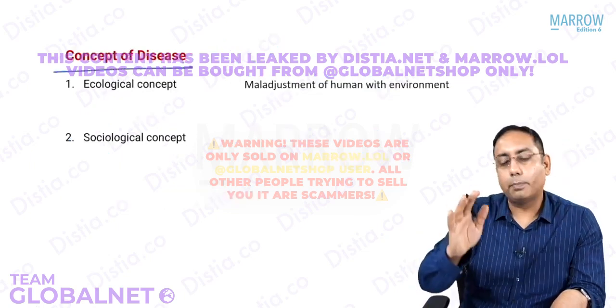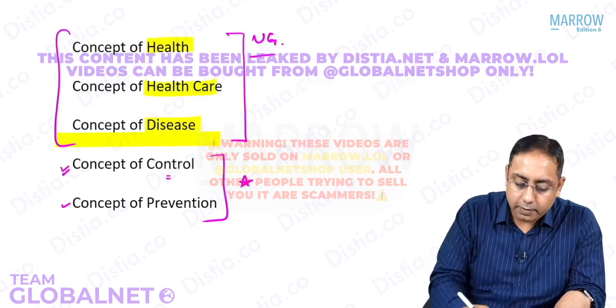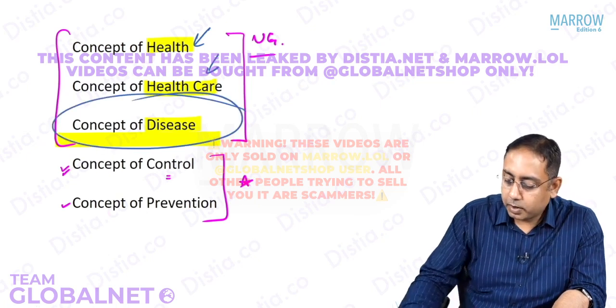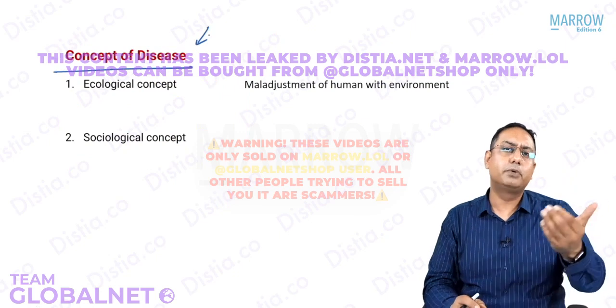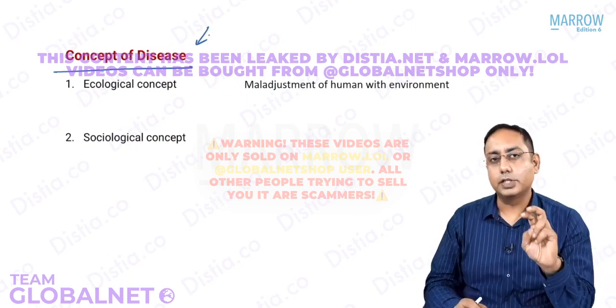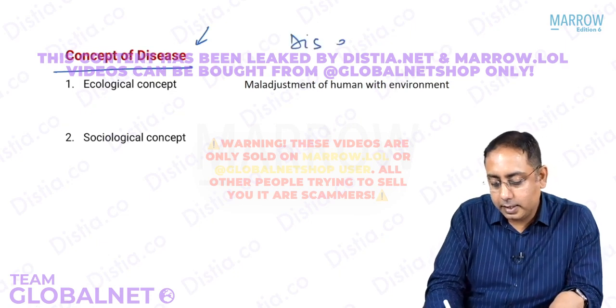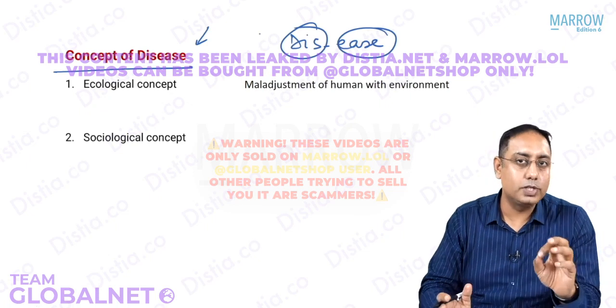Next, broad topic. We were actually doing the concepts of health. So we have talked about the concept of health and healthcare. Next broad topic is the concept of disease. When does a person get disease? There are two understandings. A person may get dis-ease, meaning the person is not at ease, in two situations.